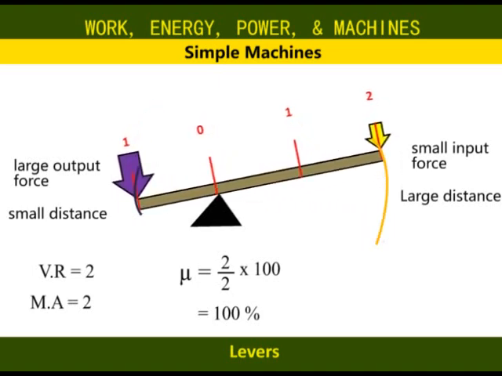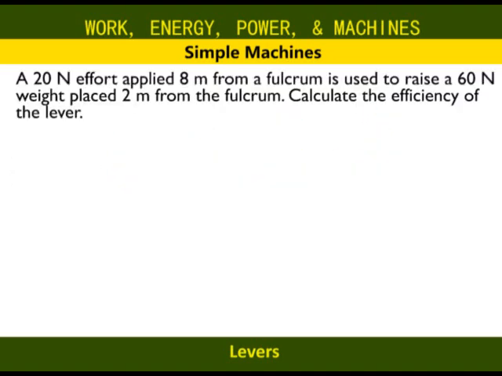We take an example. A 20 Newton force applied 8 meters from a fulcrum is used to raise a 60 Newton weight placed 2 meters from the fulcrum. Calculate the efficiency of the lever. Efficiency is equal to mechanical advantage over the velocity ratio times 100.